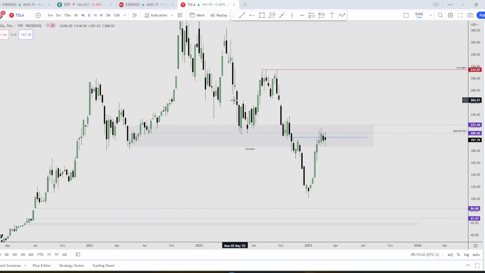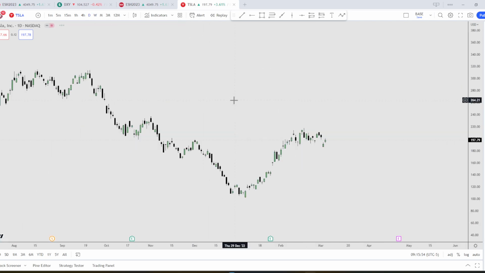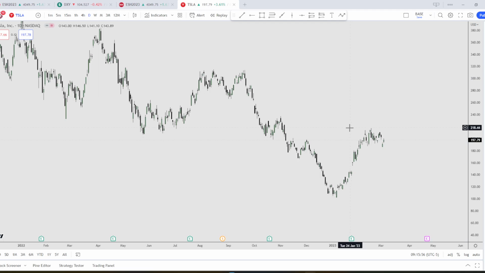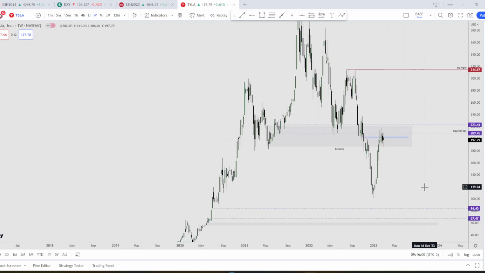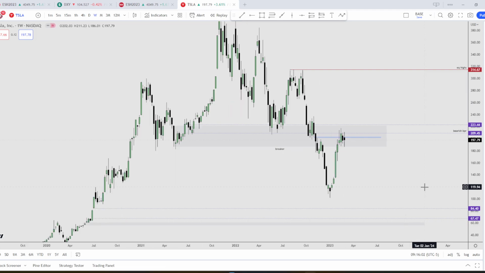Because in the lower time frames there are too many gaps, so it kind of makes it hard for me to pinpoint a certain level, which is also why I use only the monthly chart and the weekly chart for the analysis.